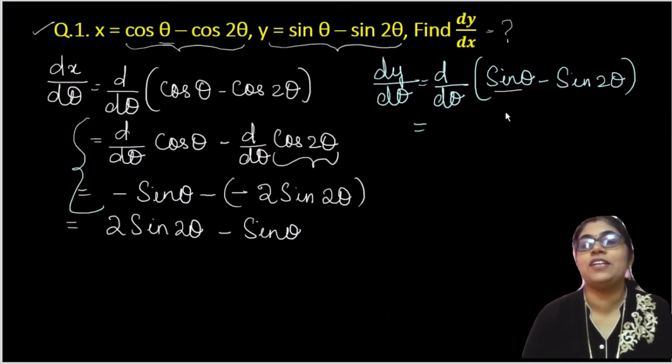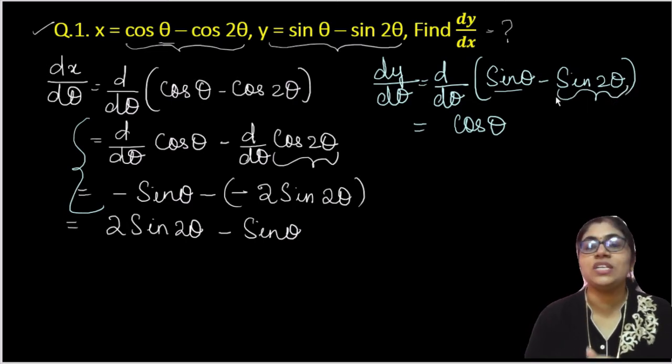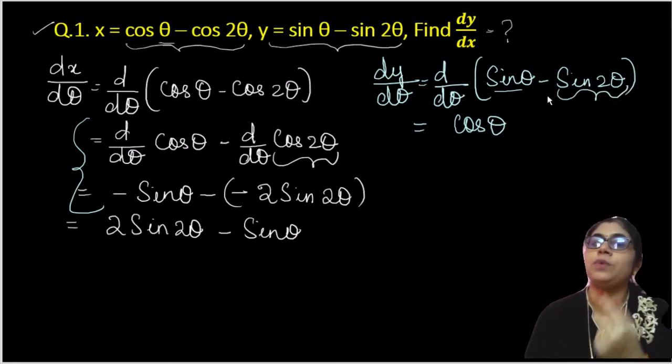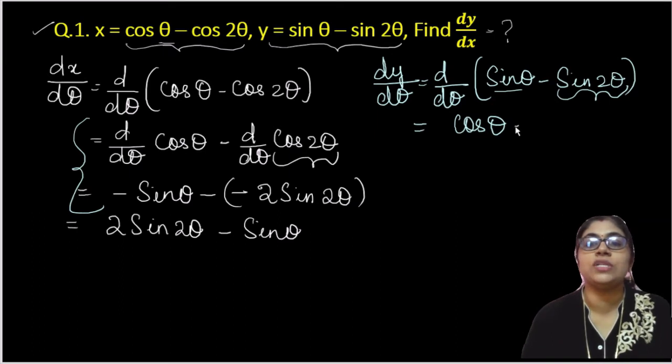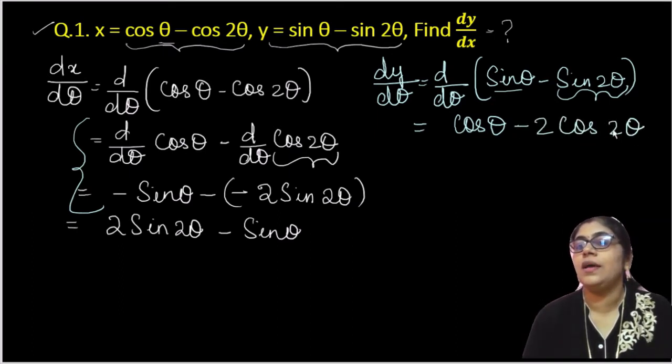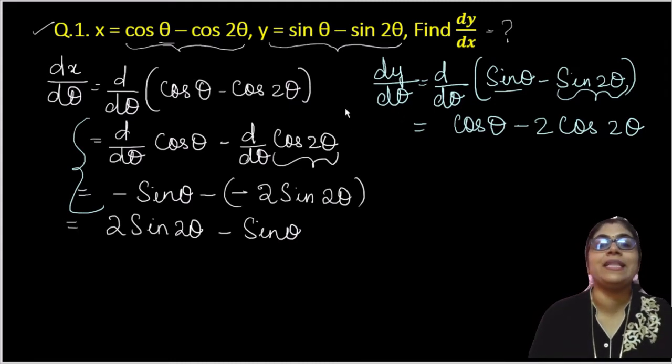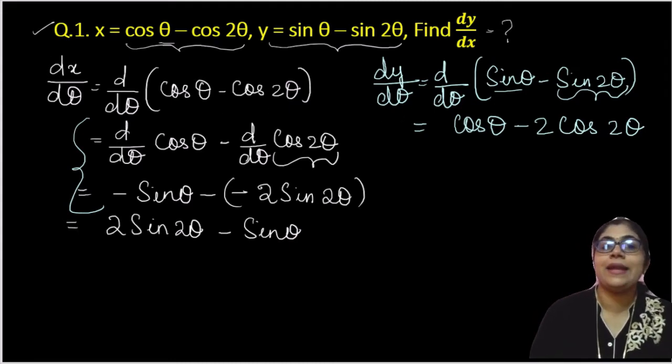The differentiation of sin theta is cos theta, and of sin 2 theta is cos 2 theta, and the differentiation of 2 theta is 2. So this is minus 2 cos 2 theta. So now we know dy/d theta and dx/d theta.